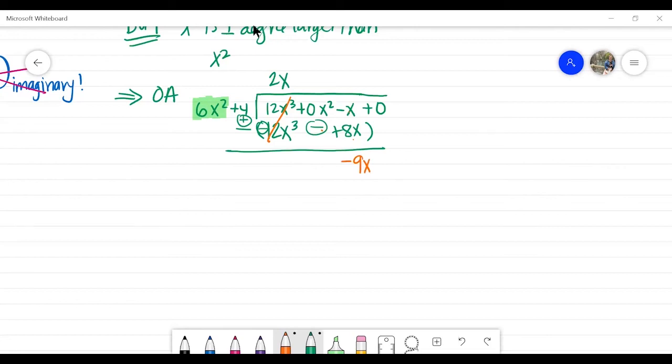Turns out we didn't need this, so this is not there, and you really don't need a plus 0. This happens sometimes. So because 9x is smaller, specifically this degree is smaller than this degree, you're actually done. So this is equal to 2x minus 9x over 6x squared plus 4, right?